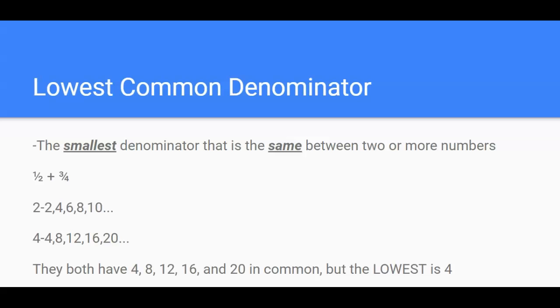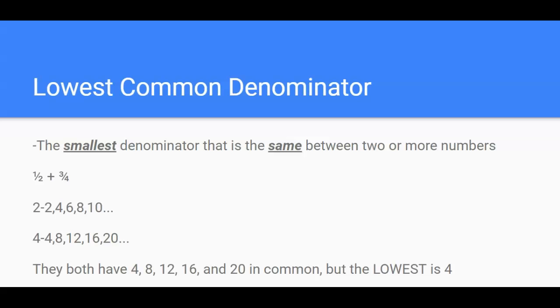So for instance, here's why that makes a really big difference. If I want to add 1/2 plus 3/4, I cannot add them unless they have the same denominator. That is impossible. I have to have the same denominator. So because of that, I have to find a common denominator. Well, I want to find the lowest common denominator because then that gives me less work to have to do later on.